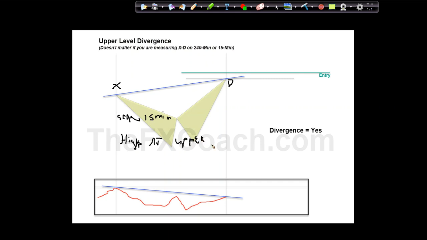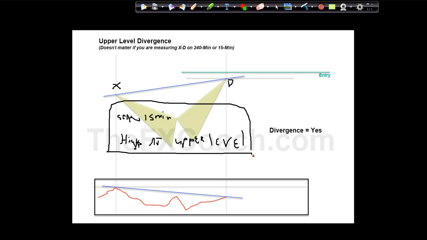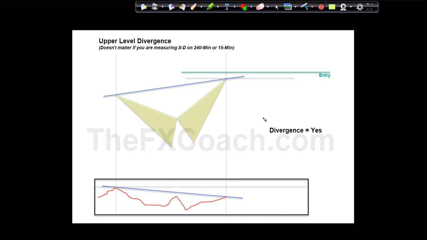Now we just did something, so hopefully some of you have created the bridge in your head and understand where this is going. If you have your 15-minute scan and you're trading XD on the 15-minute chart, you're really measuring, in this case in an up move, the highs at the upper level. So let's look at this.